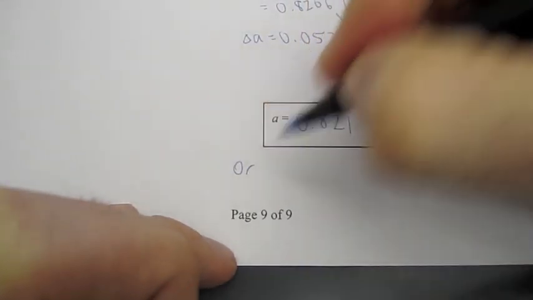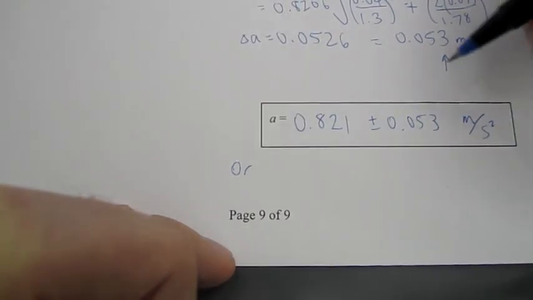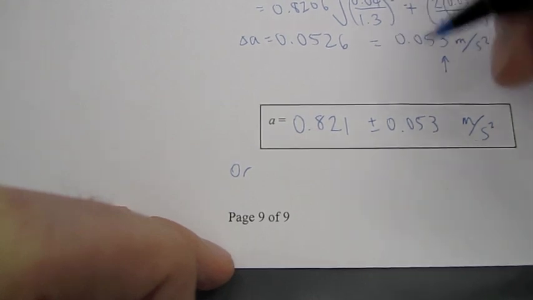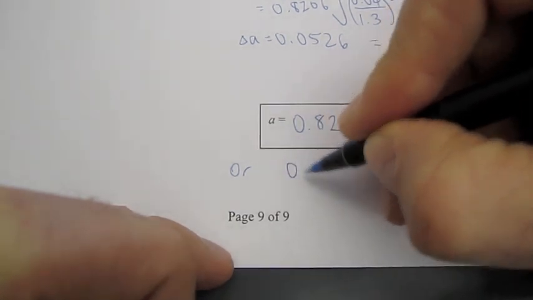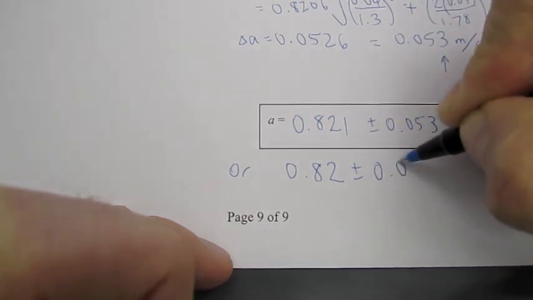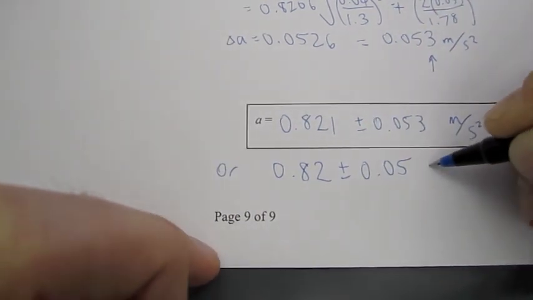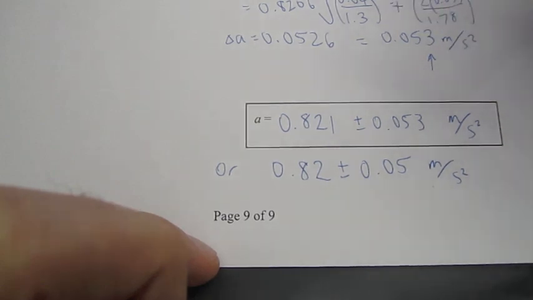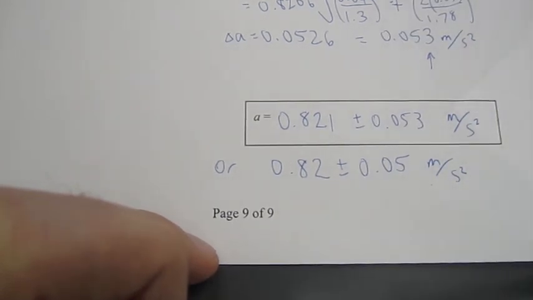Another equivalent way of doing it is we could keep only one significant figure in the error. In that case, you want to put 0.82 plus or minus 0.05 meters per second squared. And probably in this course that would be the preferred answer, but either one is totally correct.